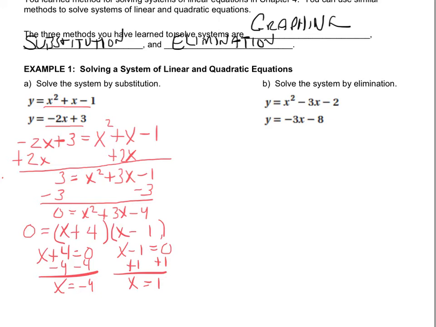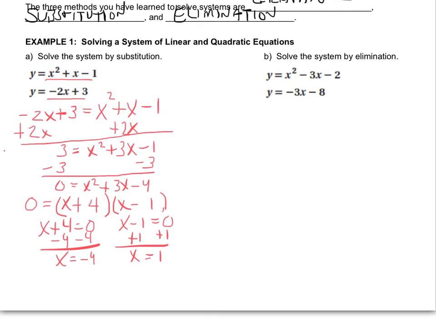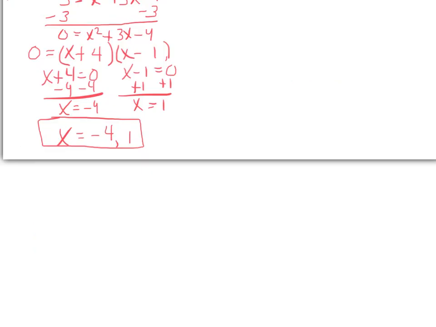So the points where these two are going to intersect, or to solve the system by substitution, is going to be when x equals negative 4 and 1. But remember, these are just our x values.